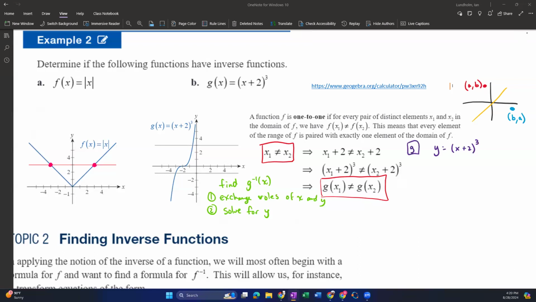But if we want to find g inverse, we flip-flop and exchange the roles of x and y, and then we solve for y. In this case, it would be good to take a cube root on both sides, and we'd be left with y plus 2, and then we'll be able to subtract 2 from both sides.